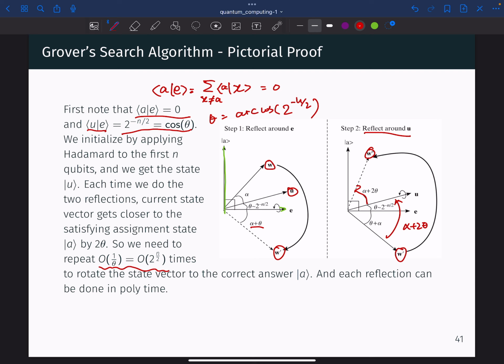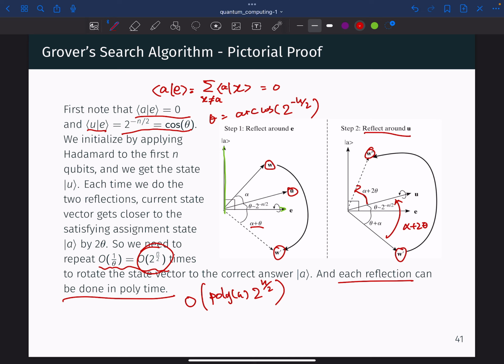Because each reflection can be done in polynomial time, and you do it this many times, and then you get poly and 2 to the n/2. Yeah, so that's the time complexity.